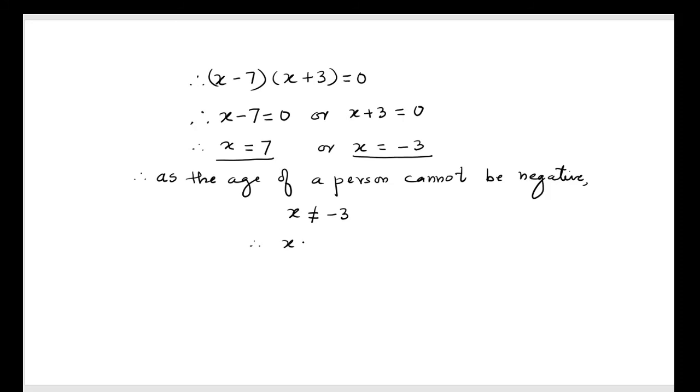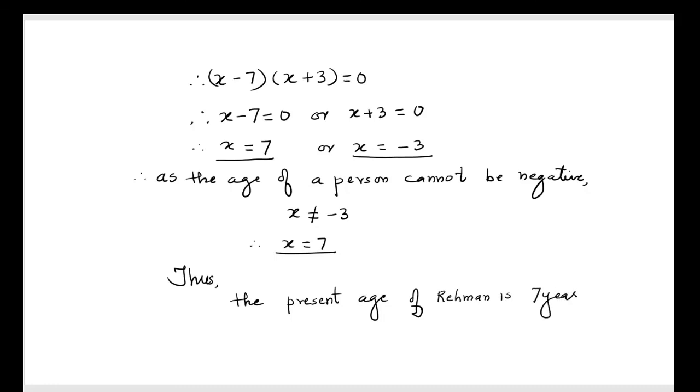Therefore, x equal to 7. We have got the value of the unknown, the present age of Rahman. Thus, we write our conclusion saying, thus, the present age of Rahman is 7 years. Let us check if we are right.